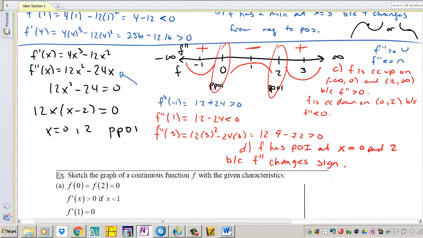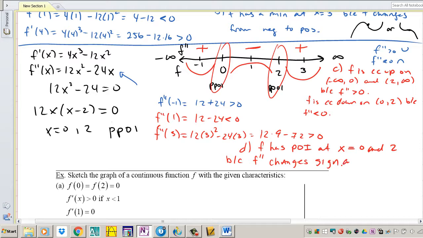Now you could say changes from positive to negative, then negative to positive, and that could be okay. That could be a perfectly acceptable answer. In fact, that kind of answer is actually better, because you're describing respectively what's happening at x equals 0 and x equals 2. But if you want to write very concisely, you can just say f double prime changes sign.